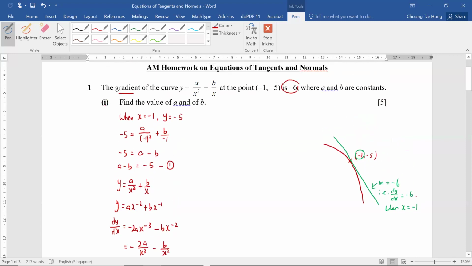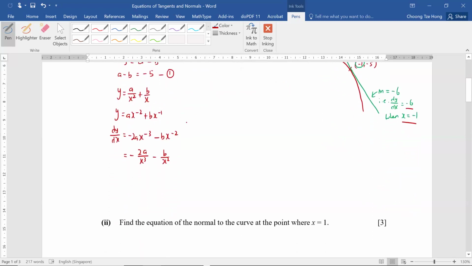So as mentioned, when x equals -1, dy/dx will be -6. So let's form the second equation. So when x equals -1, dy/dx equals -6. So let's sub -1 into the x over here.